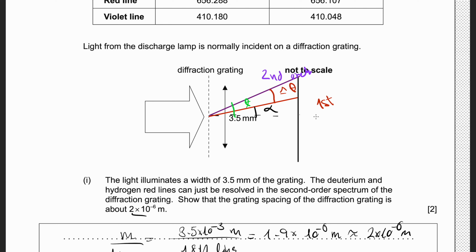If you look at your data booklet in topic 9 or topic 4, I believe, you can use n lambda is equal to d sine theta. So let's solve for the second order now. Theta is equal to sine inverse of n lambda over d.